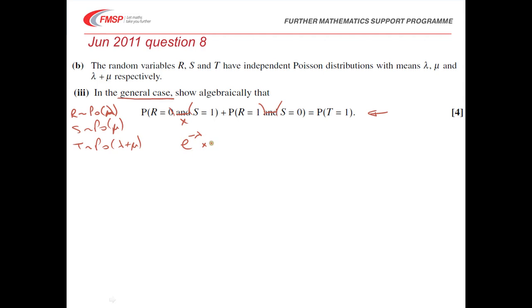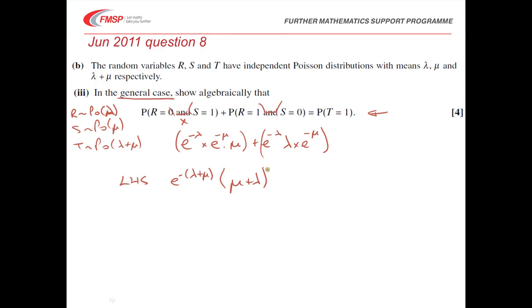And the probability of getting a 1 is going to be e to the minus mu times mu, or e to the minus lambda times lambda times e to the minus mu. And we can notice that e to the minus lambda plus mu is a common factor. We get mu plus lambda. So that is the left-hand side.